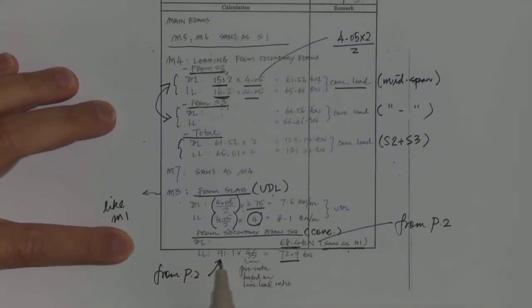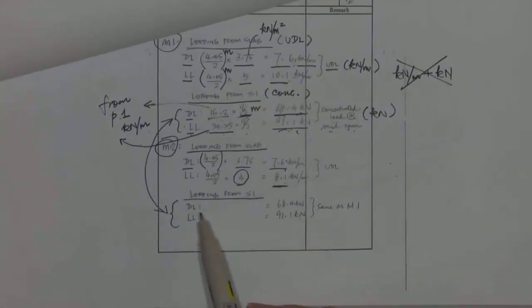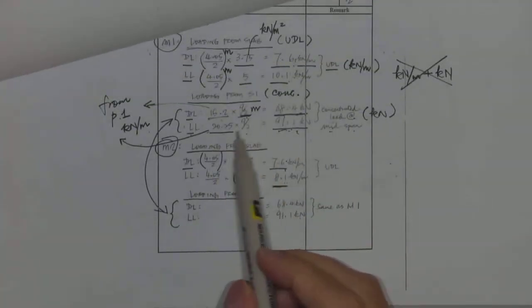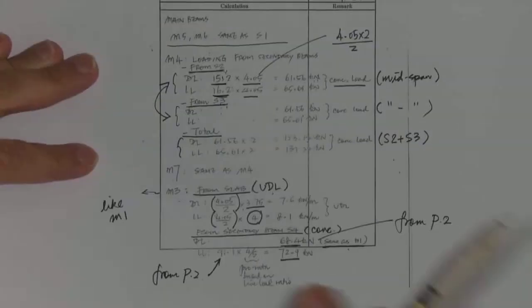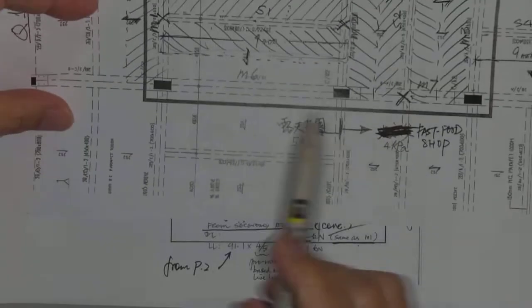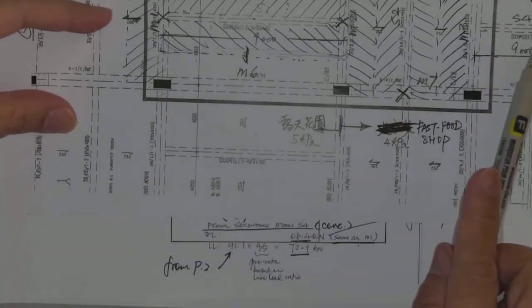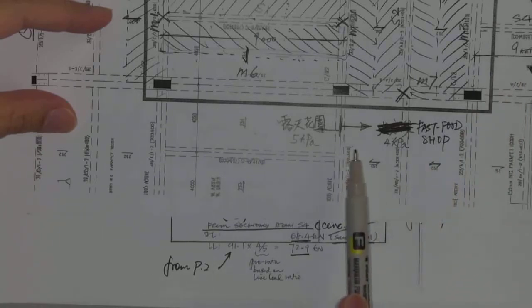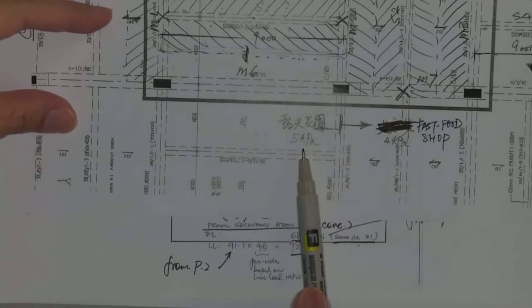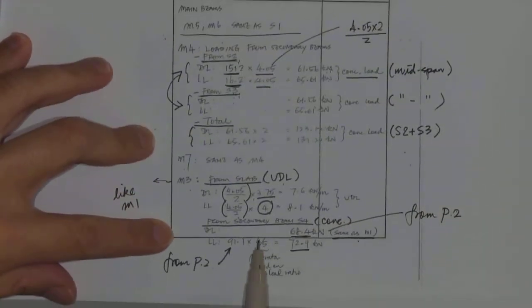But 91.1 is coming from the region with 5 kPa. But this one is from the region of 4 kPa. So you can convert the number proportionally. So 91.1 times 4 over 5.